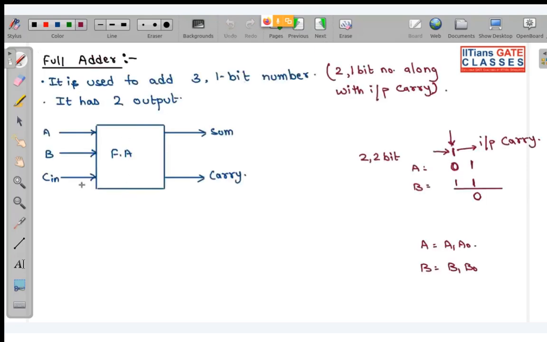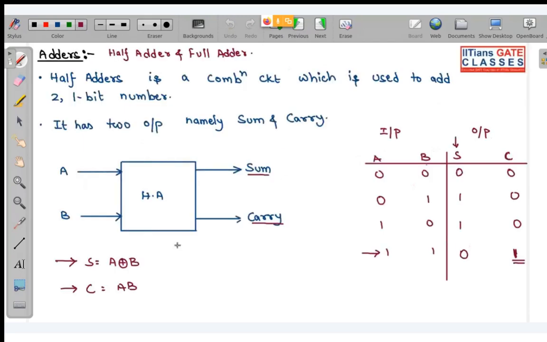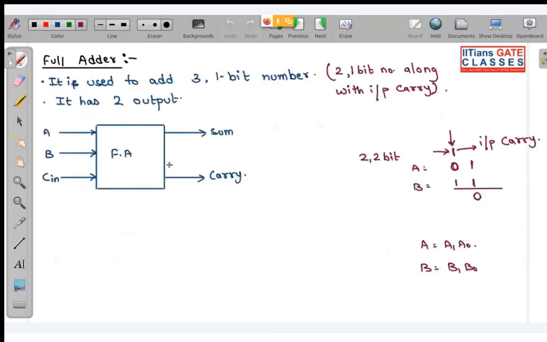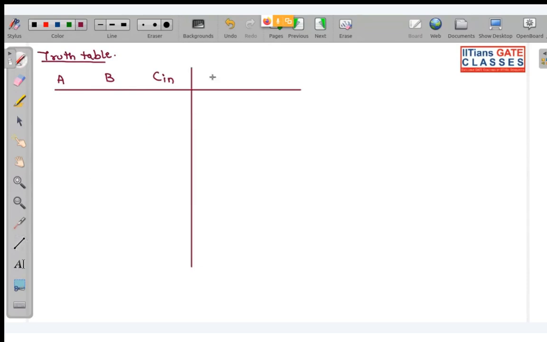This is the circuit representation of the full adder, I forgot to tell you, and this is the circuit representation of the half adder. For the truth table we have A, B, C, sum, carry. Let us write all the combinations.